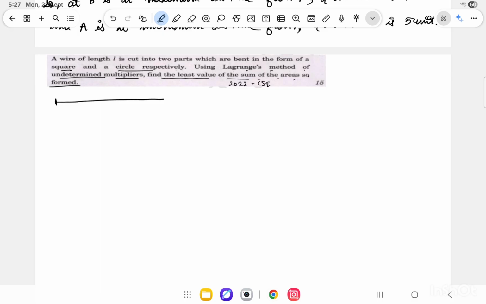So if this is a wire of length AB, let's say, and it is given that it is of length L and it is cut at some point, let's say C. So if my distance AC is X, then my distance BC is basically L minus X, because whole length of the wire is L. It further says that of the two parts, one of them is bent in the form of a square.